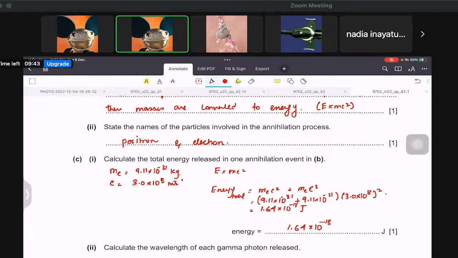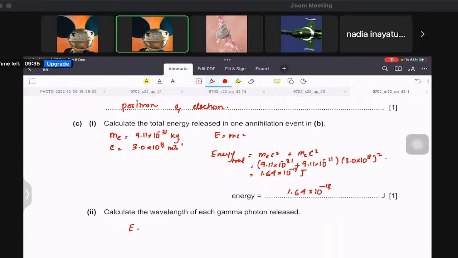Then it says calculate the wavelength of gamma photon released, and the wavelength can only be found out by E is equal to hc upon lambda. We have the energy, so lambda will be equal to hc upon E. Now the thing is, when they combine, it says each gamma photon is released, which basically means that technically this whole energy is for two of them, right?